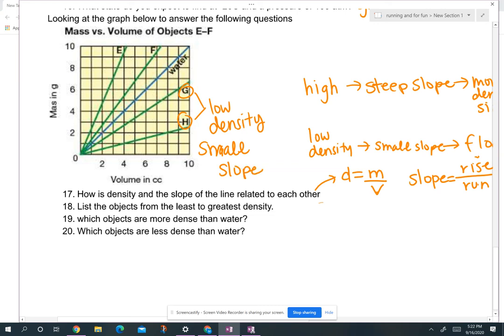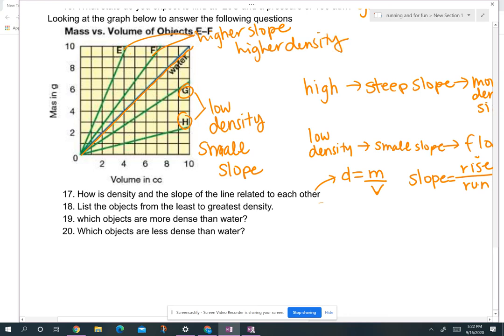On the other hand, you can look at water, and we have water in the middle. That one has a medium density. This one right here tends to have a higher slope, and because it has a higher slope, it also has a higher density.